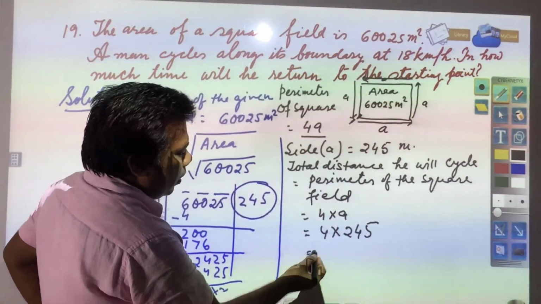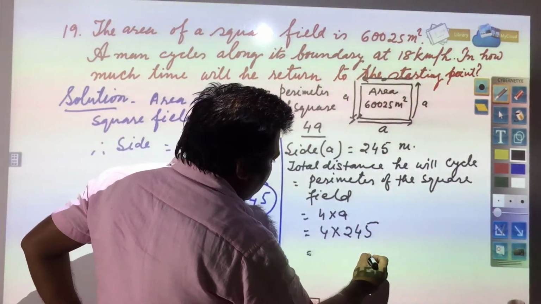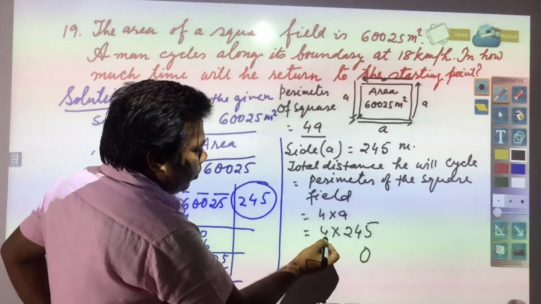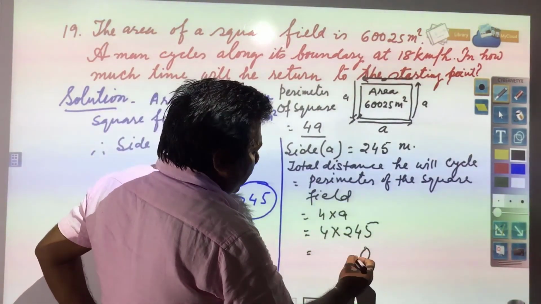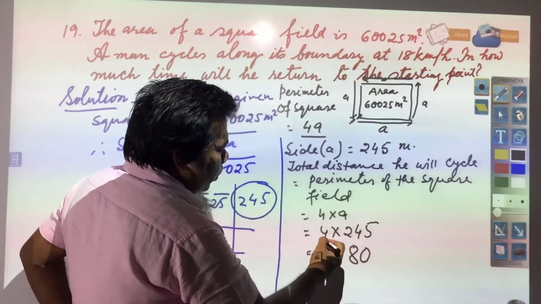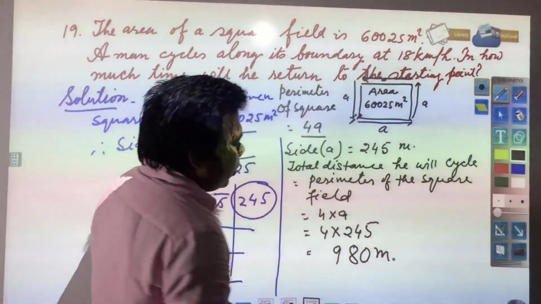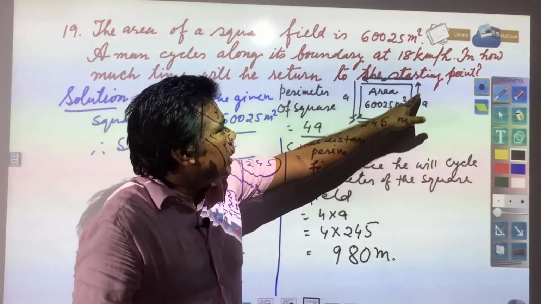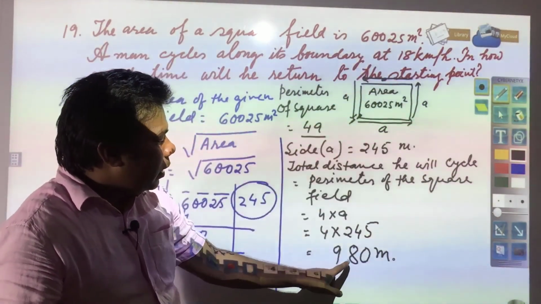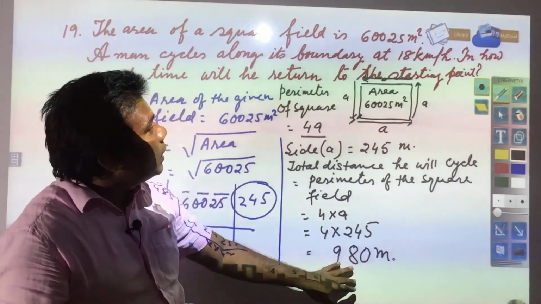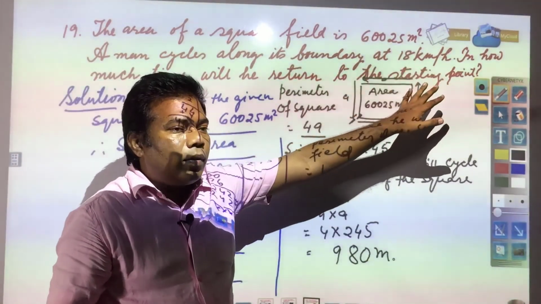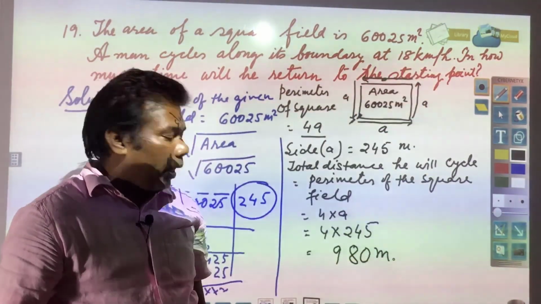So this will be 4 5 is 20, 4 4 is 16 and 2 18, 4 2 is 8 and 1 9, so 980 meter. So total distance he has to cover is 980 meter and his speed is 18 kilometer per hour. So you need to find out time.